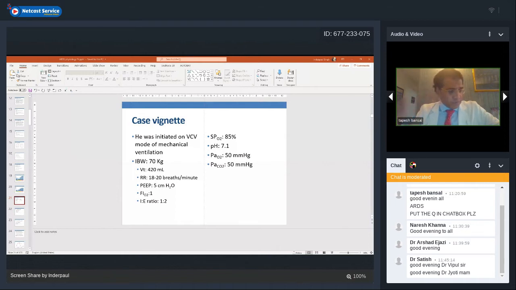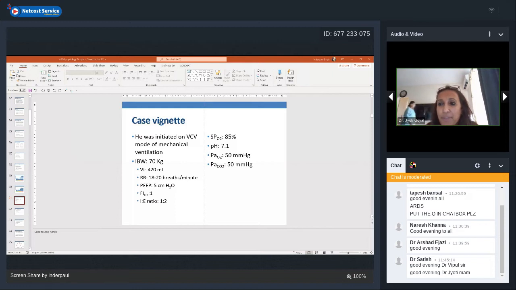Yeah, the primary, as Dr. Inderpaul has already said, the primary or pulmonary ARDS might be because of pneumonia, sepsis, and trauma, blood. You can also say it like local or systemic causes. The local causes are related to the lung itself, and the systemic causes are etiologies like sepsis, trauma, blood transfusion, pancreatitis, post-cardiopulmonary bypass.